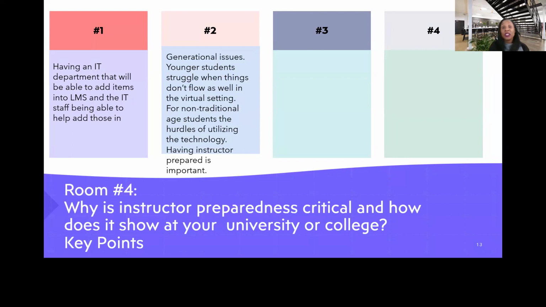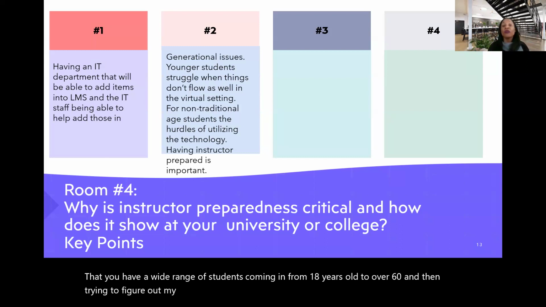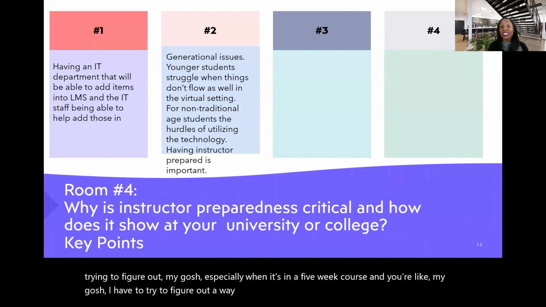Absolutely. Because when you have these courses, like you said, with a wide range of students from 18 years old to over 60, and especially in a 5-week course, you think, oh my gosh, I have to figure out a way to get this to work.